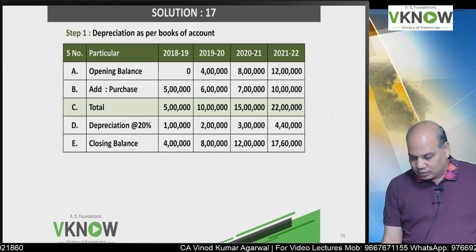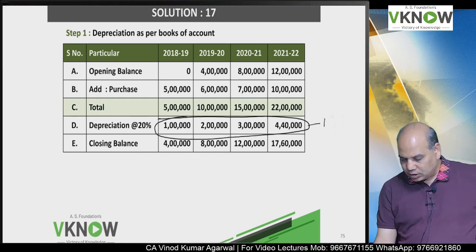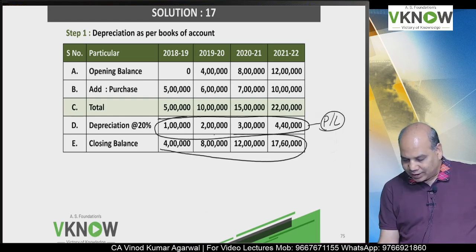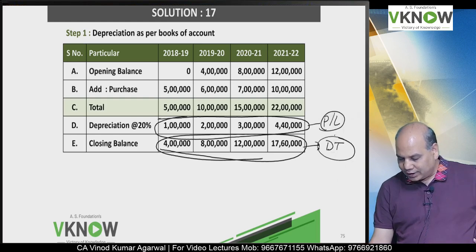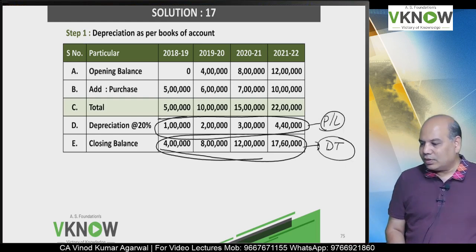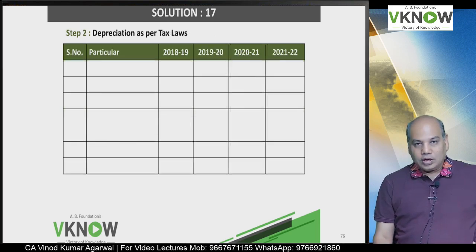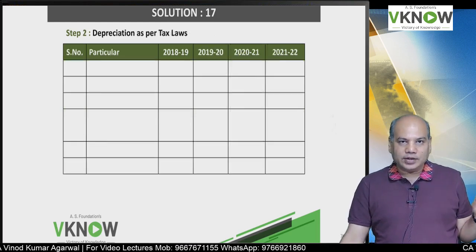I will require depreciation in the statement of profit and loss. I will require carrying amount, that is closing balance, for computing deferred tax. Now I have to also compute current tax and deferred tax.